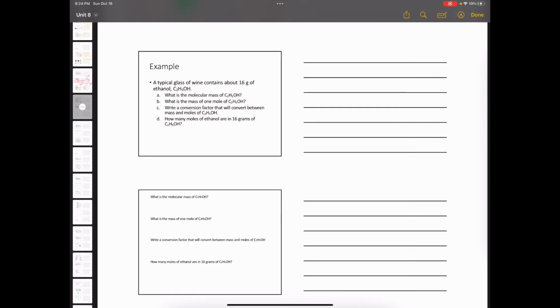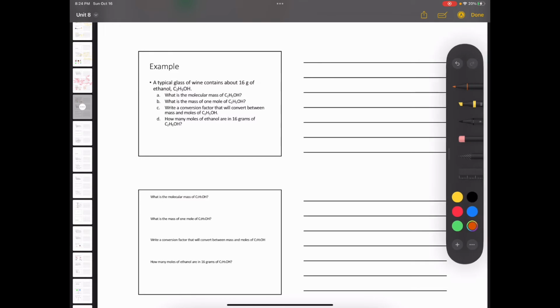Okay? So let's try an example. A typical glass of wine contains about 16 grams of ethanol. The formula for the ethanol is C2H5OH. First, we need to find out the molecular mass for the ethanol. Why do we call it a molecular mass, not a formula mass? Because every atom we have here is a nonmetal, so we're talking about covalent compounds.